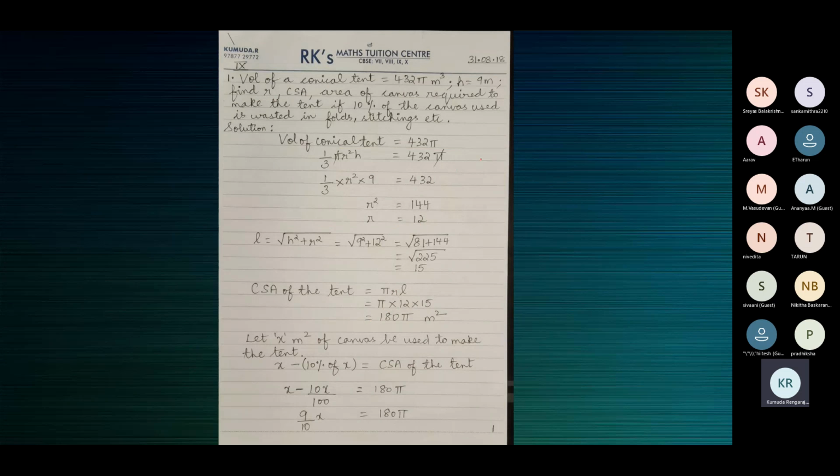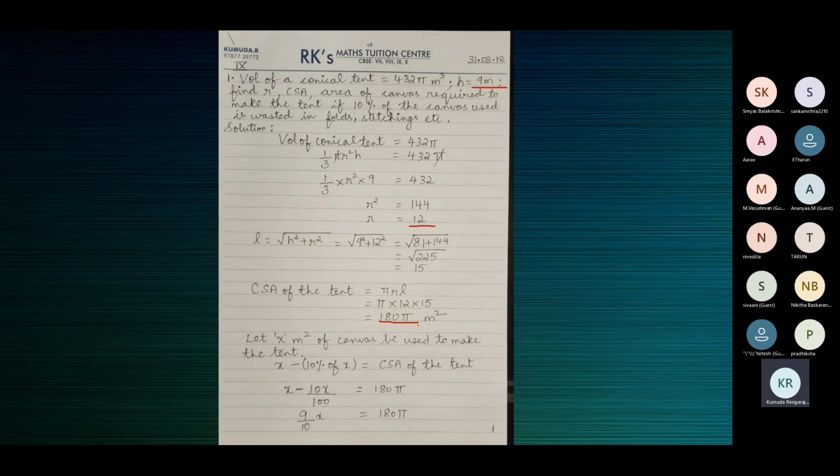For the given radius and height, you need to put up a tent of height 9 meters and radius 12 meters. Then its curved surface area will be 180 pi meter square.